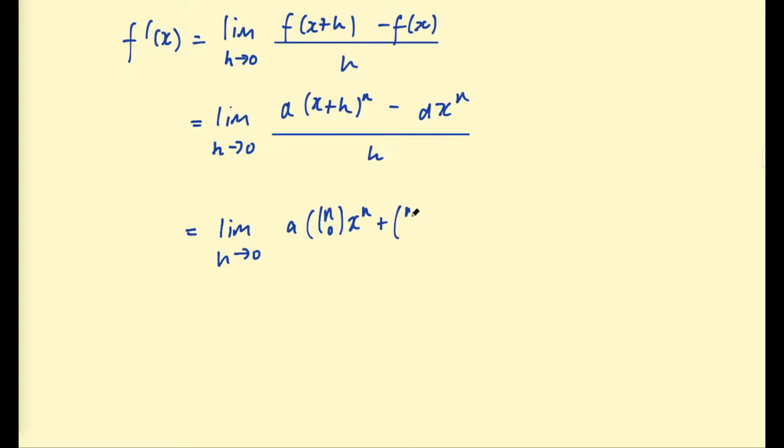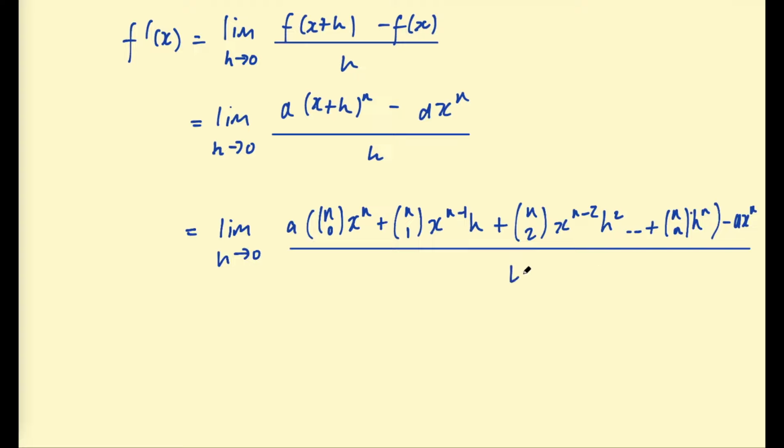The next term is n choose 1, x to the n take 1, h. Then the next term is n choose 2, x to the n take 2, h squared, and so on all the way up to n choose n, h to the n. Okay, and then we have the take ax to the n on the end.